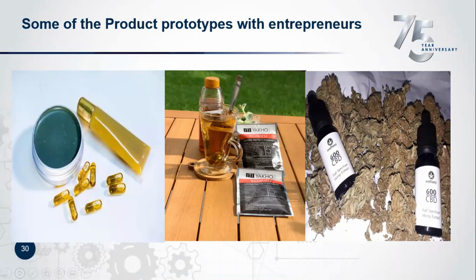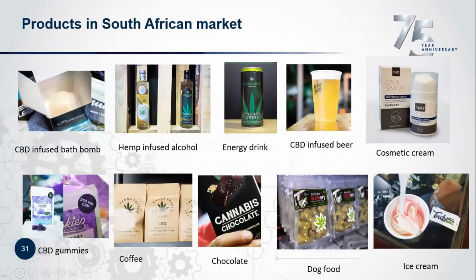It had bubbles. The green one, which you're seeing on the left, in winter, it doesn't, but those are small things that we can tweak and it will work. Next slide. I just wanted to show some of the products that are already in the market. Most of them are not even by South Africans, but we can do things like this. That's just what I want to highlight. We can also do it ourselves.